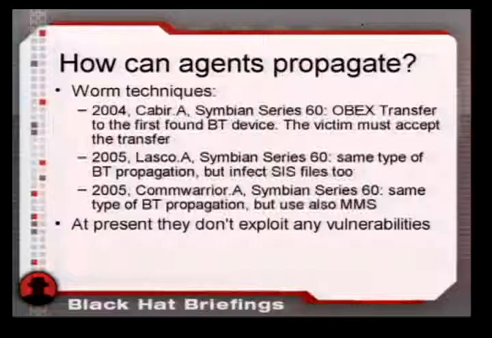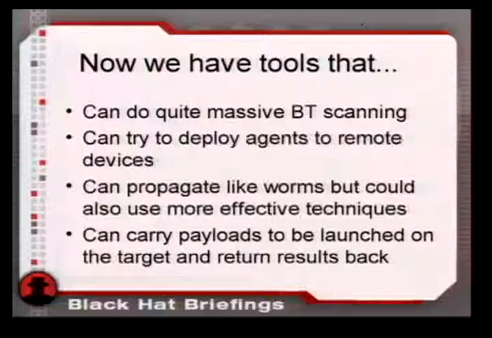The Cabir A worm, the Lesko A worm, substantially try to scan for devices and push themselves to other devices. And if the user accepts, then they install themselves. At present, they don't exploit any kind of vulnerabilities, but there's nothing that would make it impossible to use vulnerabilities to attack devices and deploy some counter software using the right vulnerability.